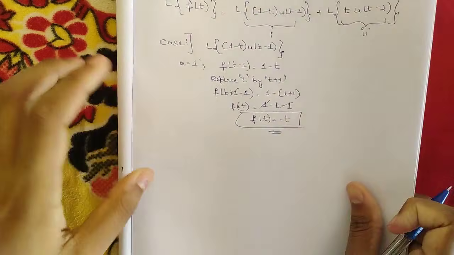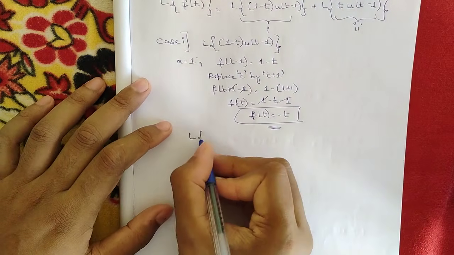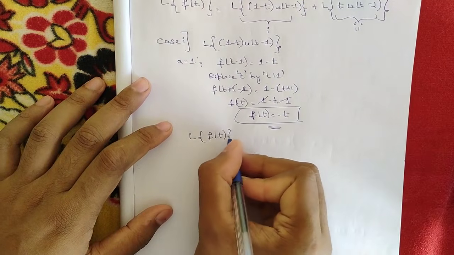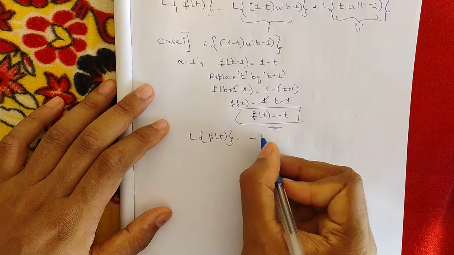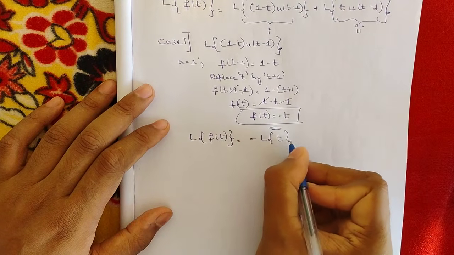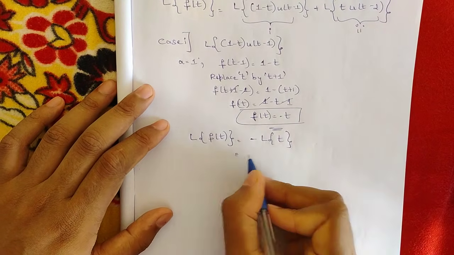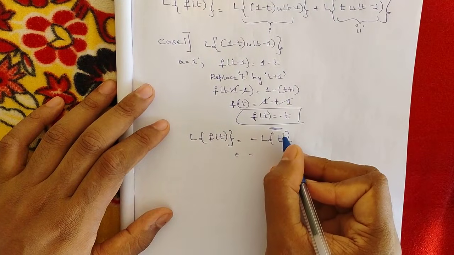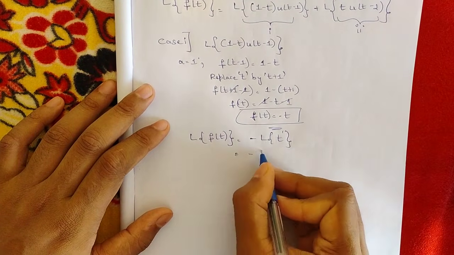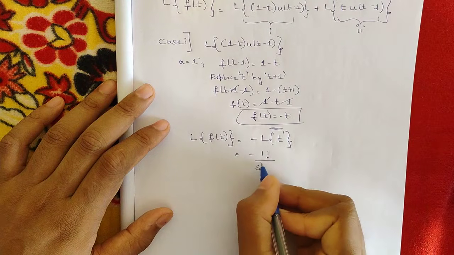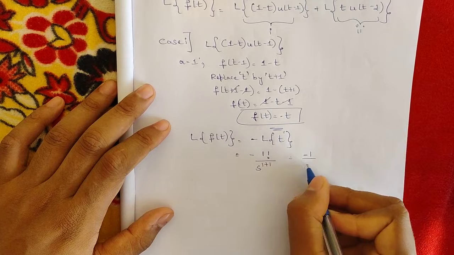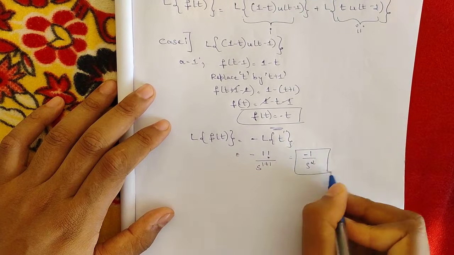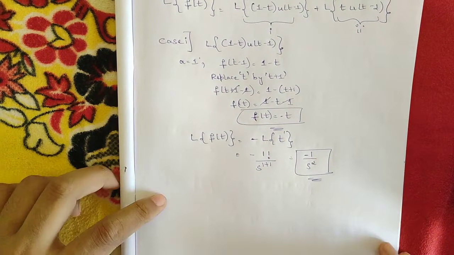Okay, now take its Laplace transform, that is minus t, so minus you take it constant, Laplace transform of t. Okay, that is minus, it is also from t to the power n, so t to the power 1, that is 1 factorial divided by s to the power 1 plus 1, that is equal to 1 factorial is 1 itself, so minus 1 divided by s square. Okay, so this is the answer of the first case.